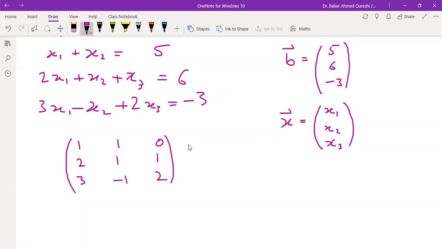and this will act on the vector of the variables to give me the vector of constants.